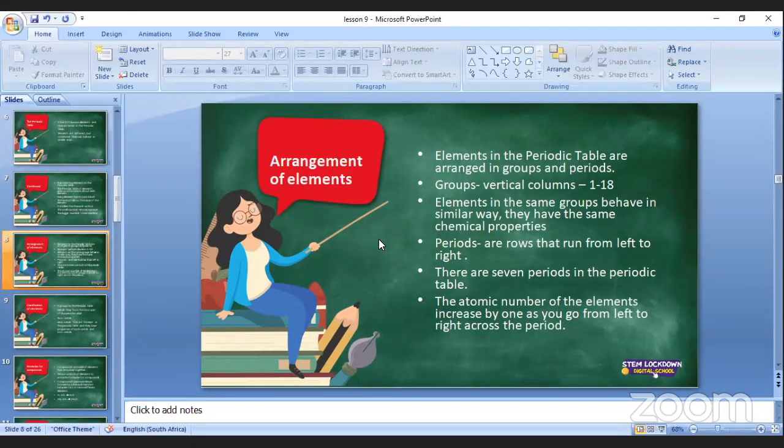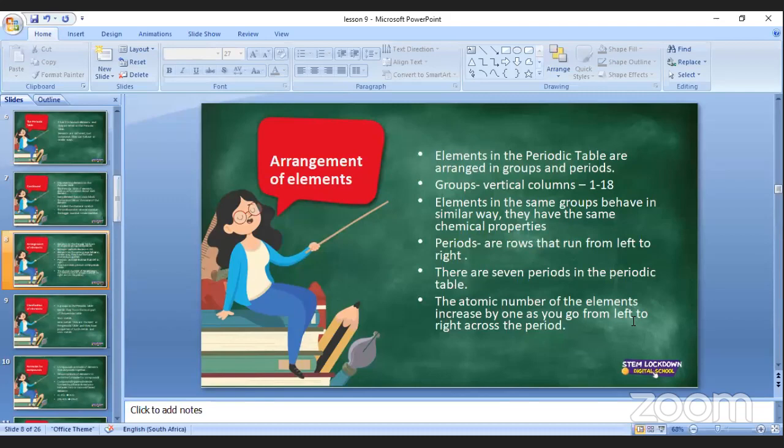They run from left to right. Are we clear? The atomic number of elements increases by 1, so you just add 1 as you go from left to right, depending on the period. Are we clear, grade nines?